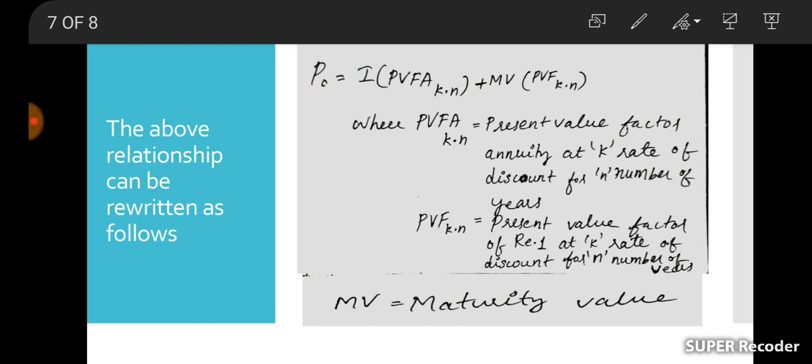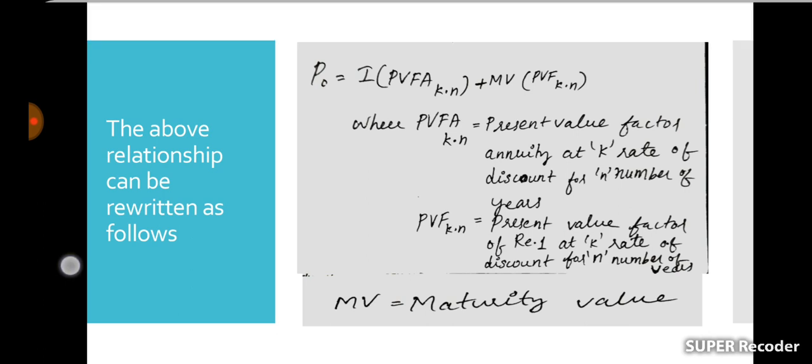Here also we can assume different cases, that is, different YTM rates. We can guess different YTM rates and we will finally get the market value P0, check the correctness and find the correct YTM. Guessing a YTM rate is not a simple task, so for easy guessing, we can use the approximate method of calculating YTM.